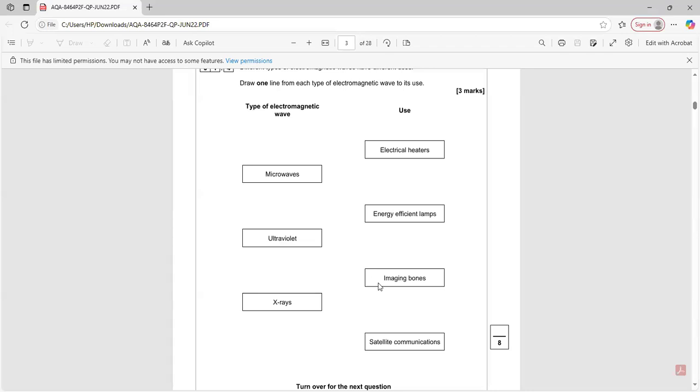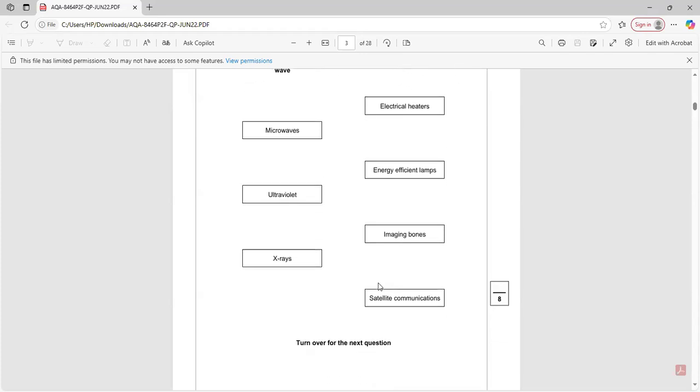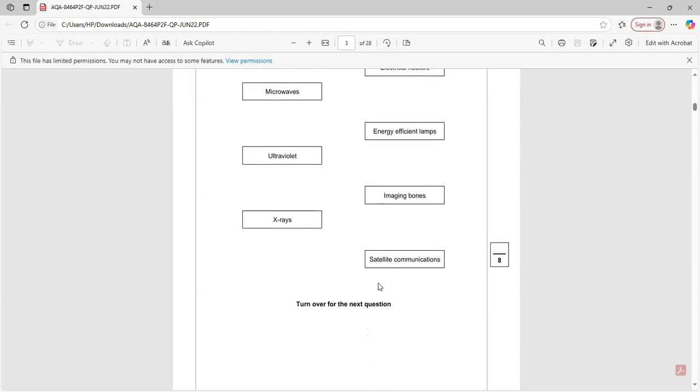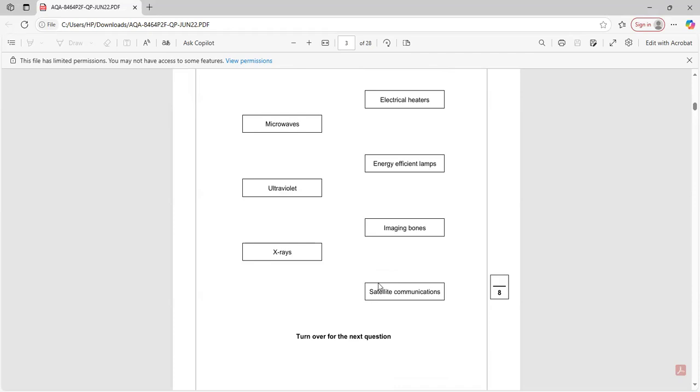I'm not too sure if ultraviolet, energy efficient lamps might be the answer. Can you help me confirm from the mark scheme? Microwaves, satellite communications. Ultraviolet, energy efficient lamps. And X-rays, imaging bones.